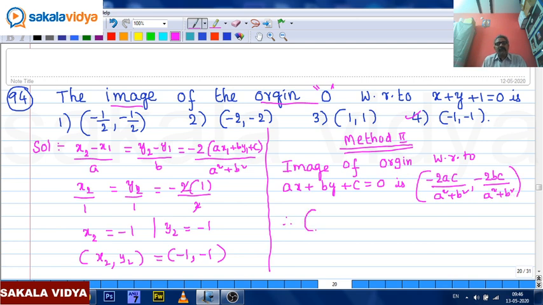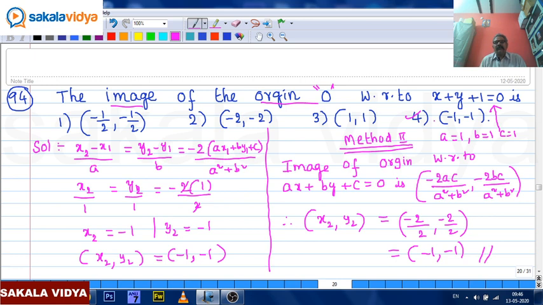Therefore, x2 comma y2: here a equals 1, b equals 1, c equals 1. Comparing this equation and substituting, minus 2 by 2 comma minus 2 by 2. So the answer is -1 comma -1. That means the fourth option is the right option.